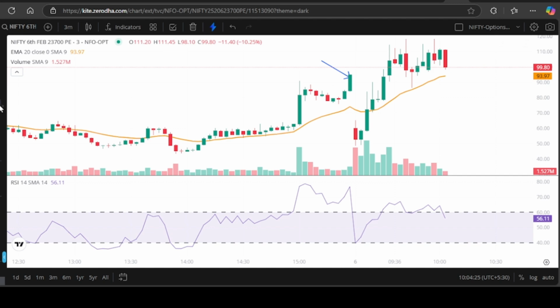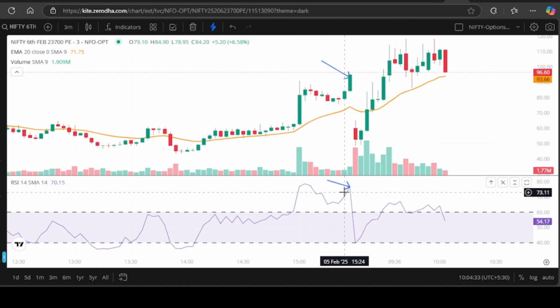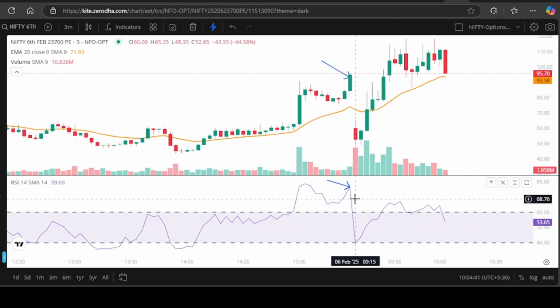This is the previous day's closing candle, and the RSI level closed here above 60. Now the very next day, that is today, there was a big dip, right? There was a gap down.